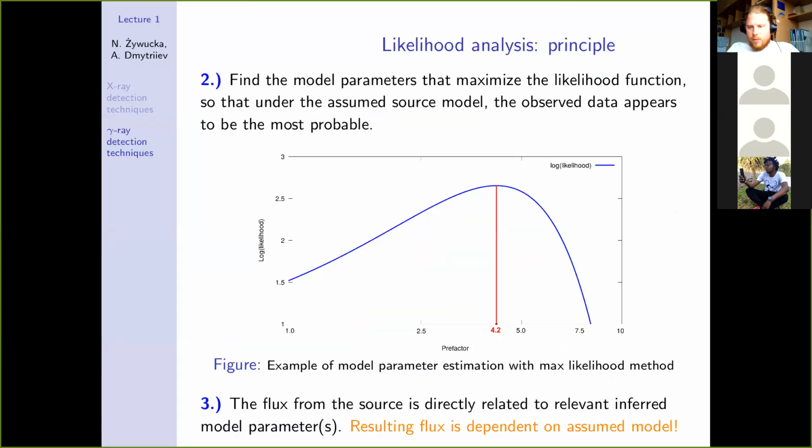Now you may be curious, how do I measure the error bars in this case? I have my value of the parameter, and how can I be sure about this value? This is also likely, but less likely. So where is this transition? What is the threshold? In fact, to infer the errors, you use the likelihood.